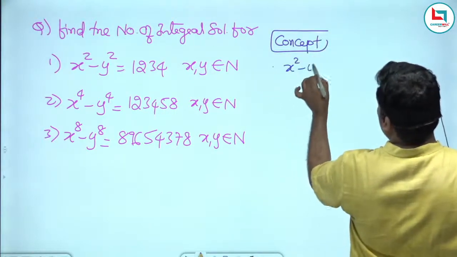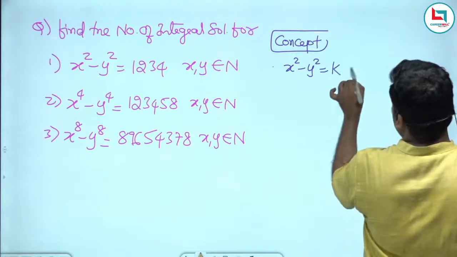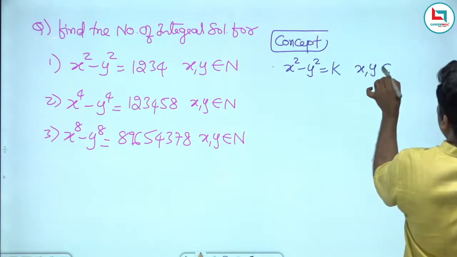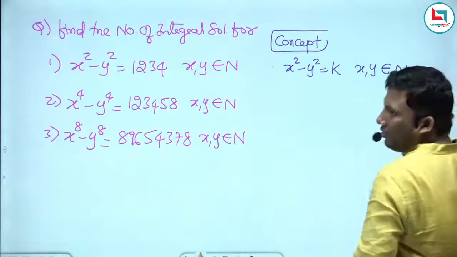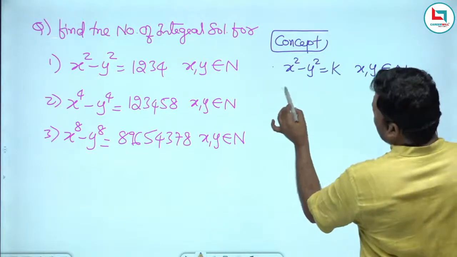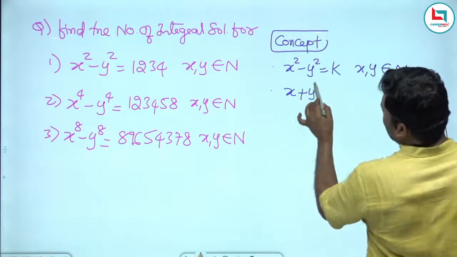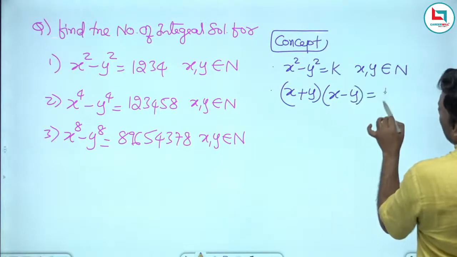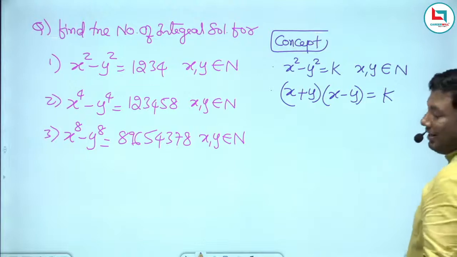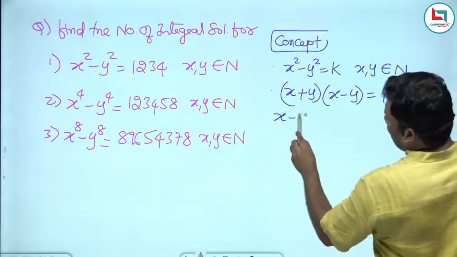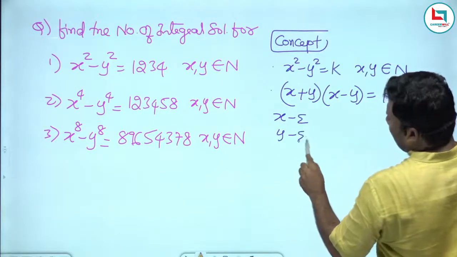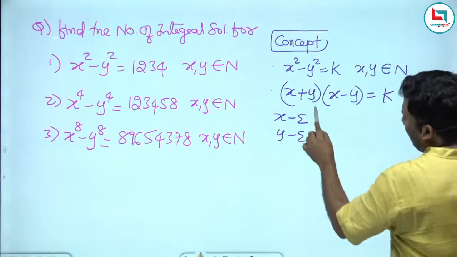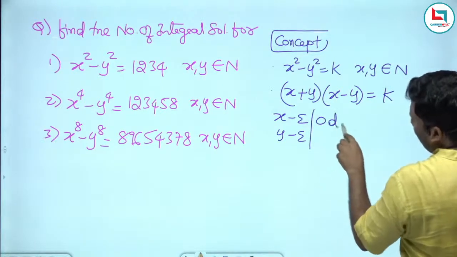x square minus y square equivalent to k, x and y are natural numbers. x square minus y square is (x plus y) into (x minus y) equivalent to k. x can be even, y can be even. x can be odd, y can be odd.